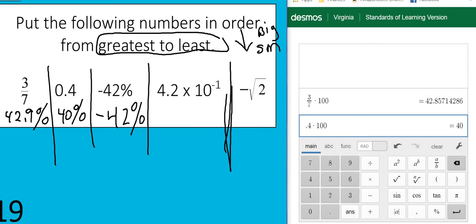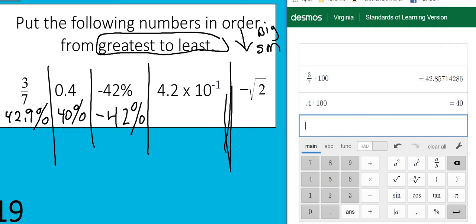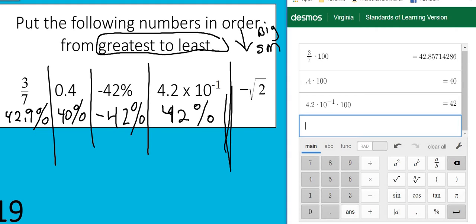All right, then I'm going to go to my scientific notation for 4.2 times 10 raised to the negative 1 power, right arrow, multiply by 100, so you get 42%. That's a 4. So make sure we make that right. And then we've got a negative square root over here, so we've got to be careful.